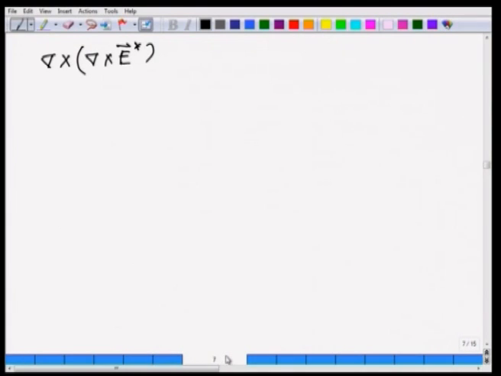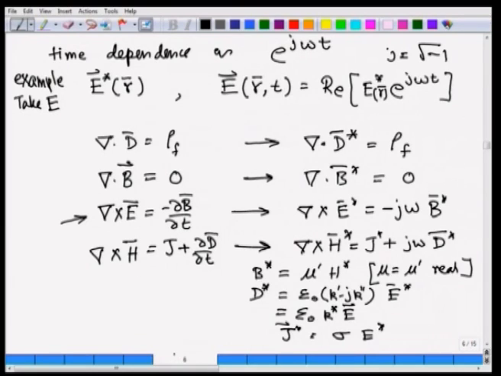So curl of E star is equal to minus j omega mu prime times curl of H. What I have done is, for B I have substituted mu prime H, and I am assuming mu is not space dependent, it is a homogeneous medium, so it is not spatially dependent.